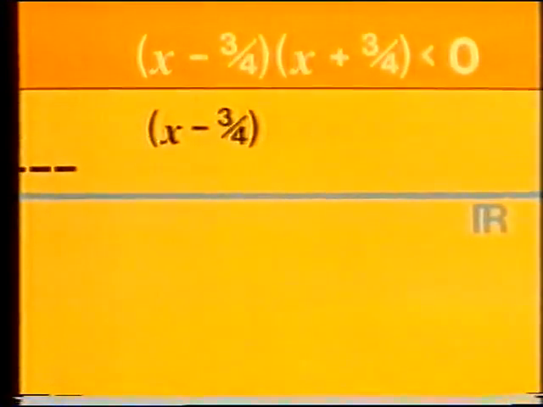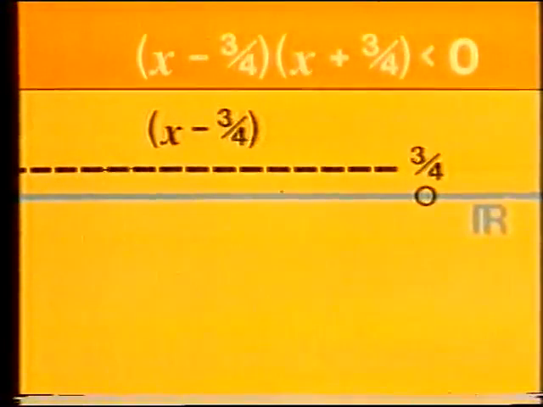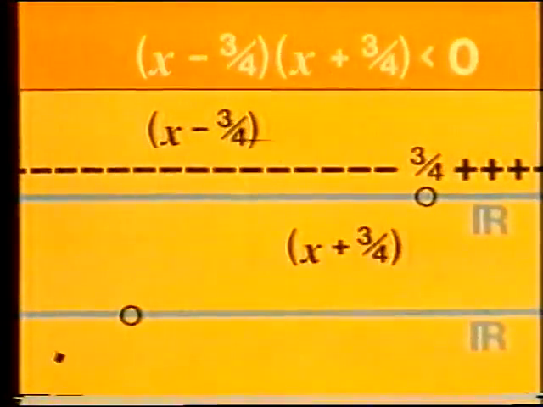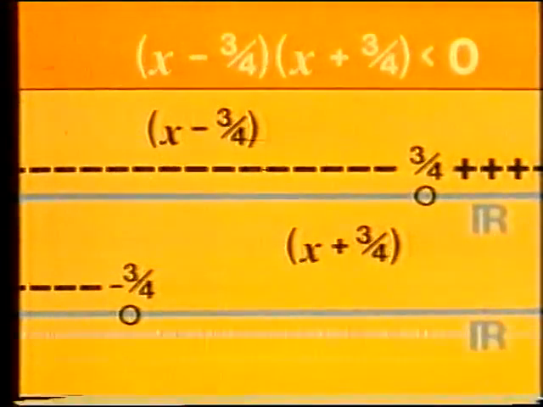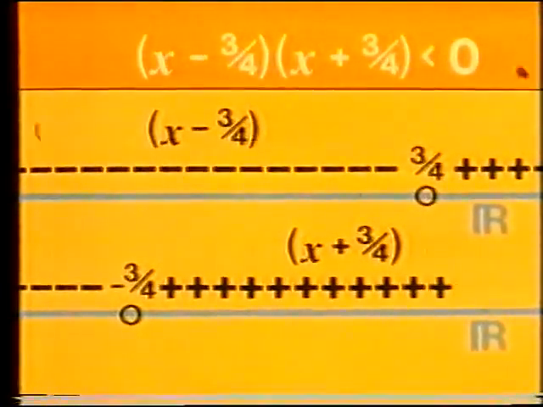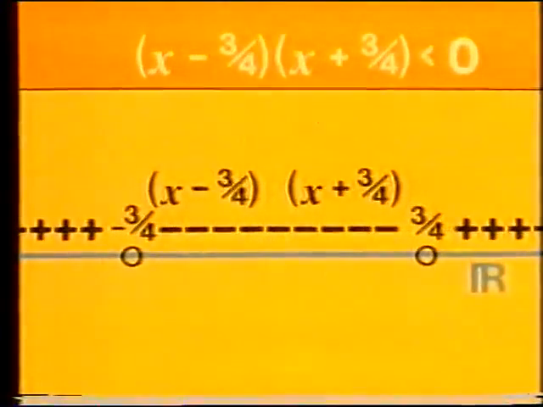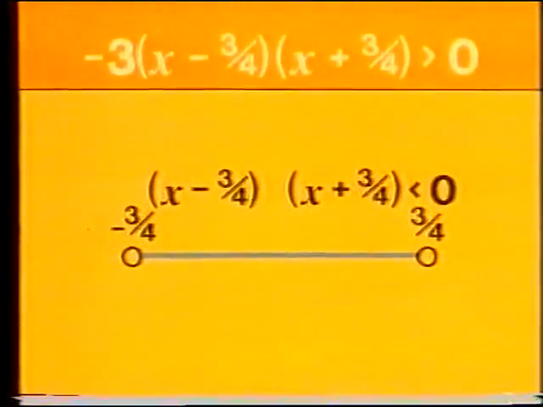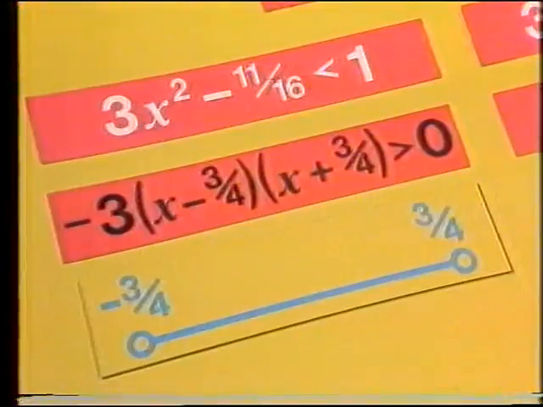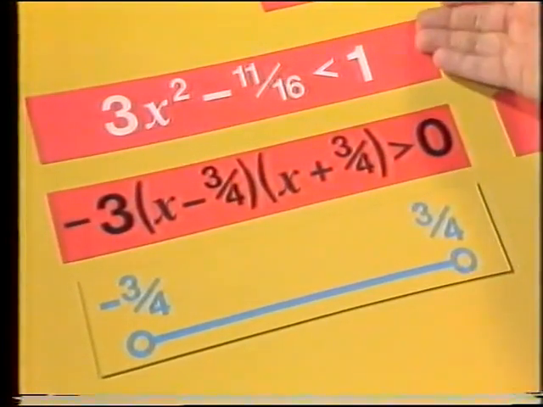Starting with negative numbers, this factor is negative up to x equals 3/4. For x greater than 3/4, the expression is positive. For the other factor, x plus 3/4, it's negative up to -3/4, and it's positive afterwards. Forming the product, we only get negative values between -3/4 and 3/4. So the values of x satisfying this inequality lie in this interval. Well, that's the solution to this inequality.